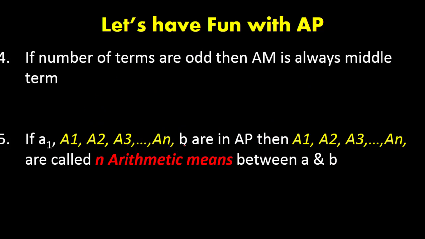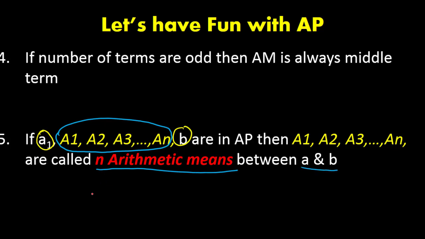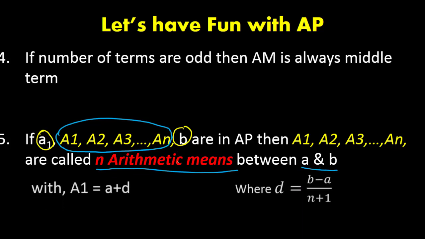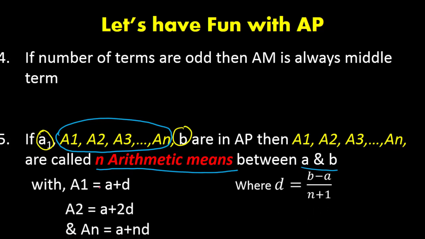Okay, next, clear screen. Yes, if A1, A2, A3, AN and B, concentrate on these two. Okay, A and B, these are the end terms of your AP, then these middle terms A1 to AN are known as n arithmetic means between A and B. Then these are known as n arithmetic means between A and B. Okay, where A1 is equal to A plus D, A2 is equal to A plus 2D and AN is equal to A plus ND, with D equal to B minus A upon N plus 1.